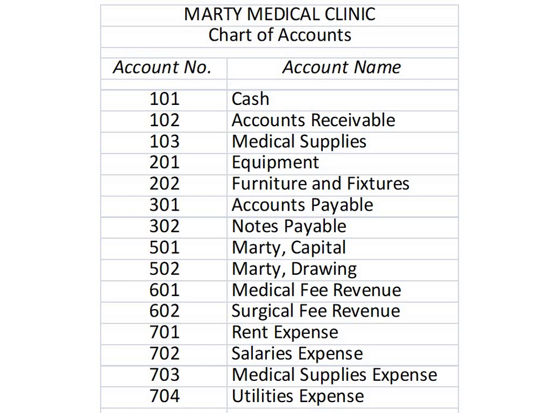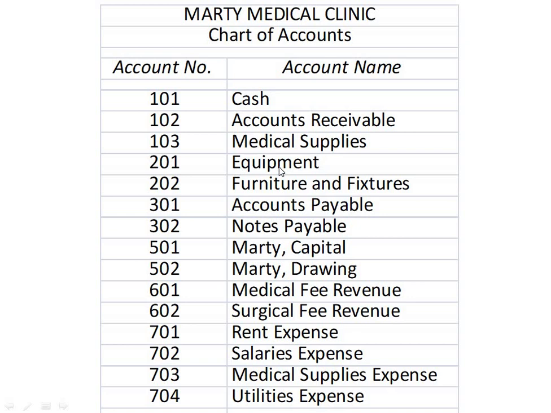Here, for Marty Medical Clinic, current assets are all in the 100s. 101 for cash, 102 for accounts receivable, 103 for medical supplies. In case there will be other current asset accounts in the future, the accountant will most likely use 104, 105, 106 as he deems appropriate.